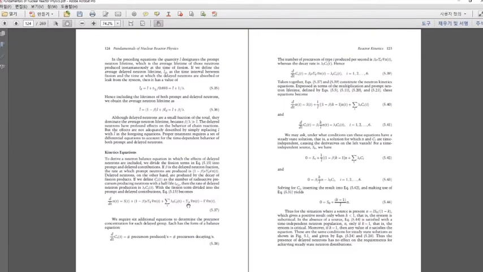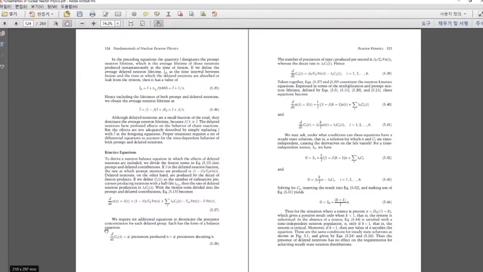The change of neutron population is also affected by the absorption of neutrons and the leakage of neutrons out of the reactor.